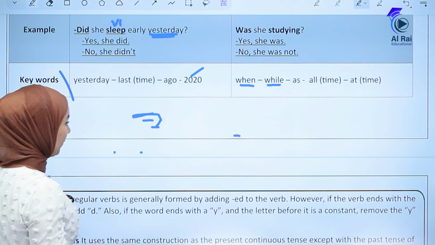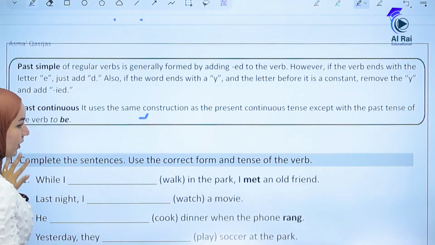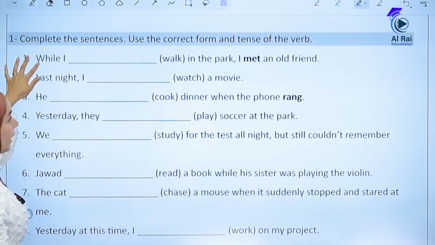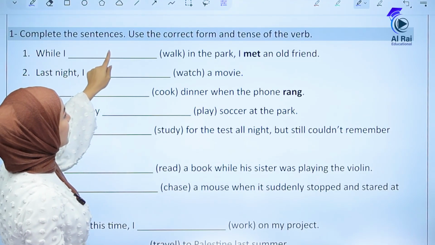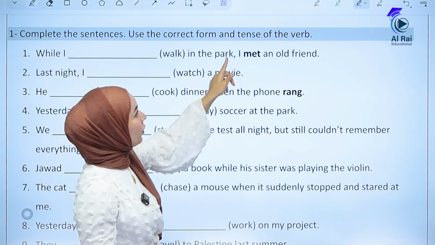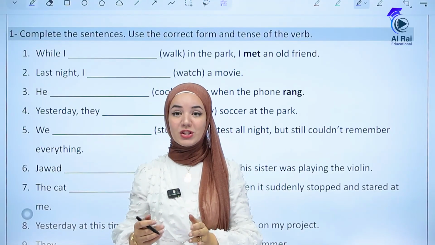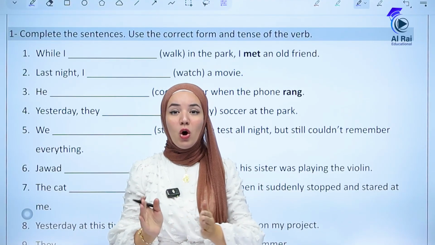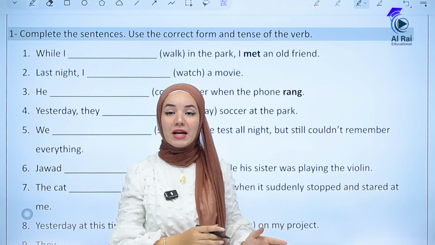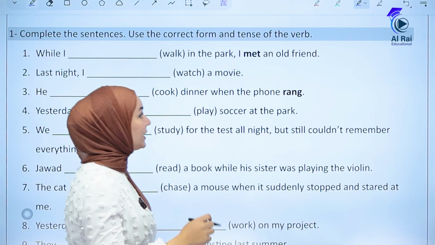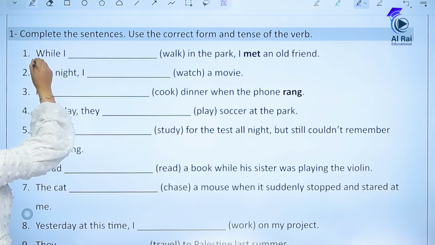Now let's see some examples and try to answer them together, okay? Here, complete the sentences, use the correct form and tense of the verbs. So maybe you're going to find the questions with past simple form or questions with past continuous form. Let's see the first one. Look, while.